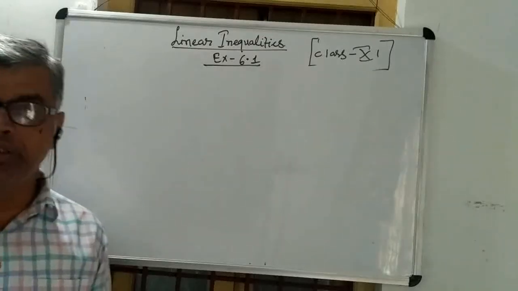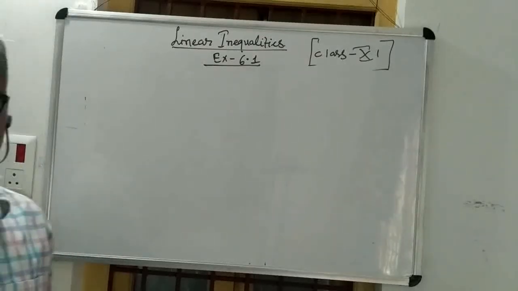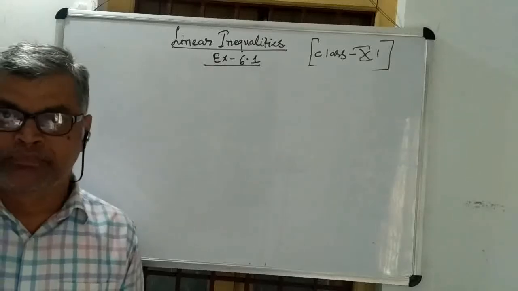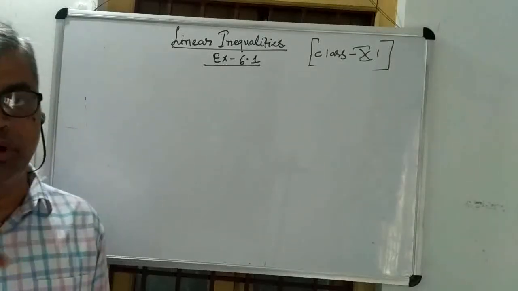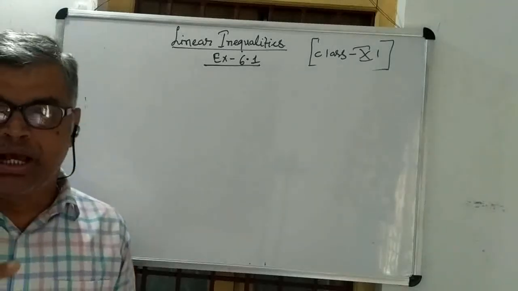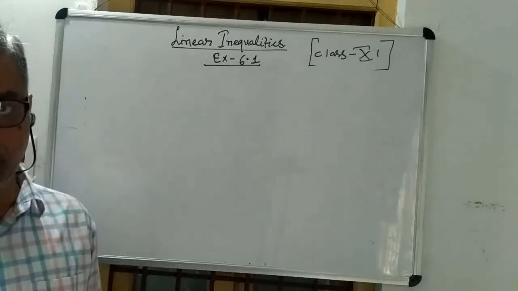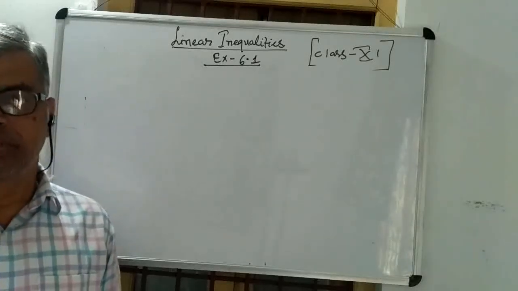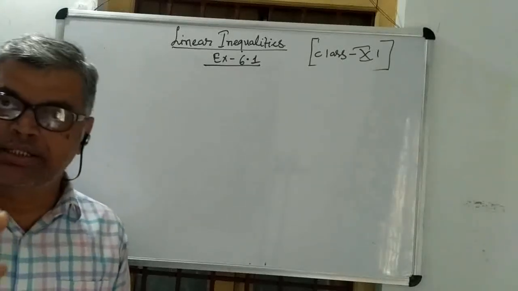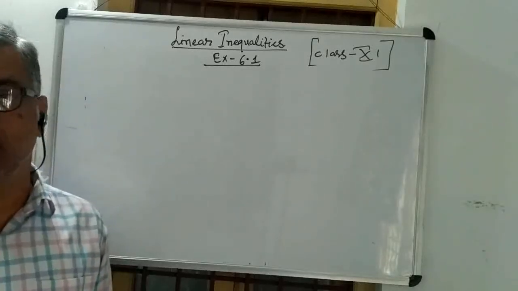Here, two consecutive positive odd integers are the same. As you know, consecutive positive odd integers come after a gap of 2. Suppose 3, 5, 9, 11, etc. are consecutive positive odd integers.